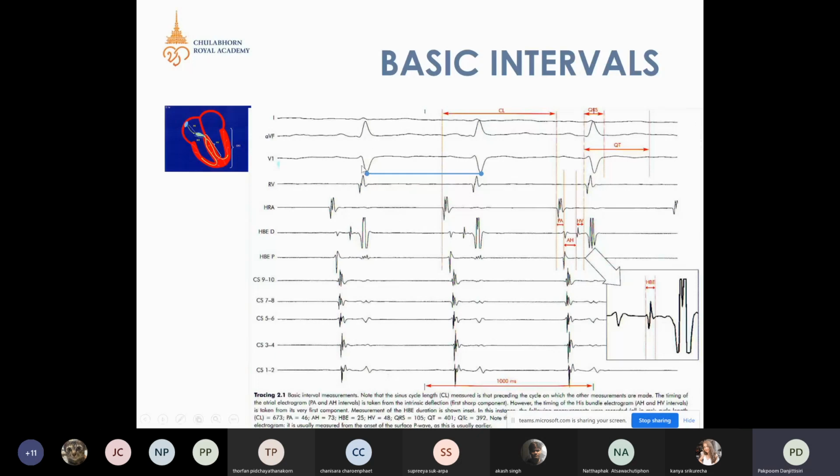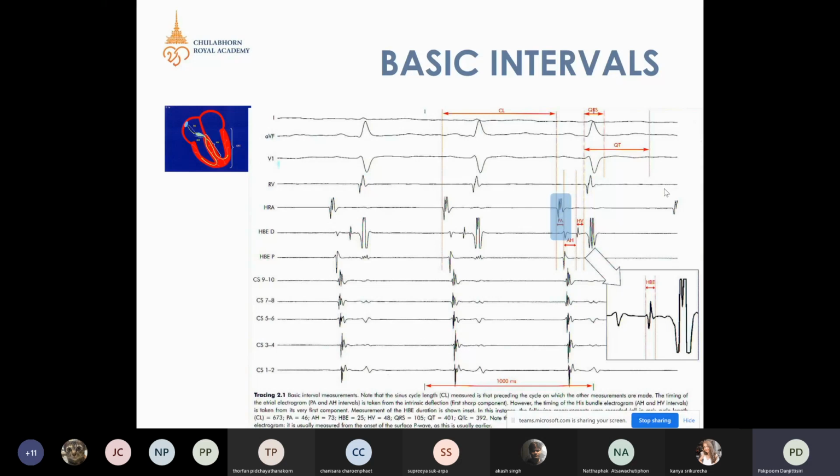You measure from one R wave to the next R wave. This is one cycle, right? After that, we have to measure the PA interval.